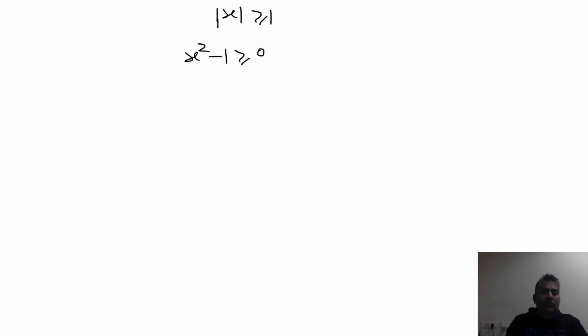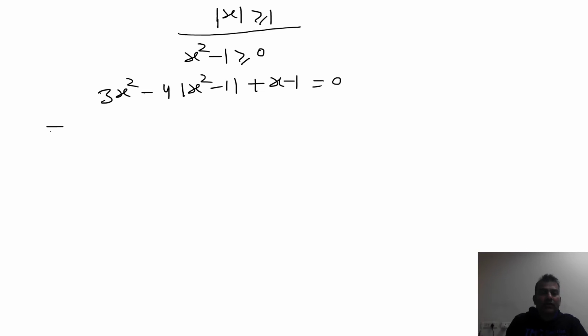And if x square minus 1 is greater than or equal to 0, then we will solve the equation under this condition. So 3x square minus 4 mod x square minus 1 plus x minus 1 equals 0.